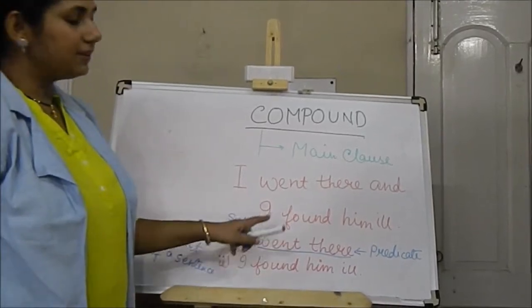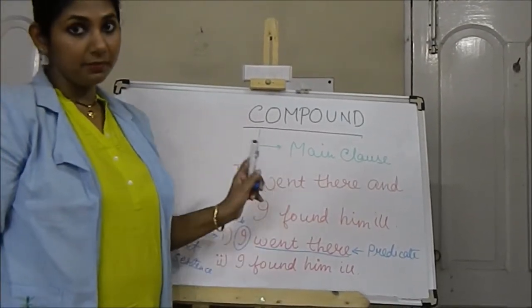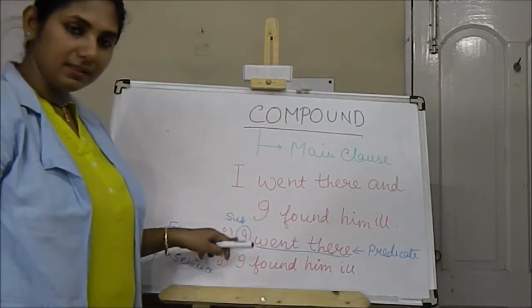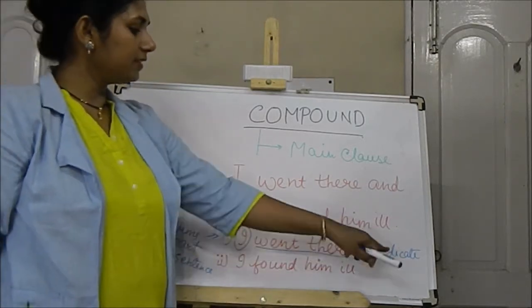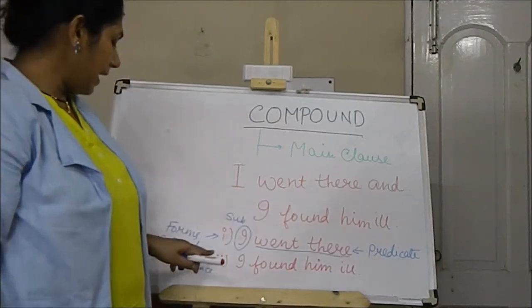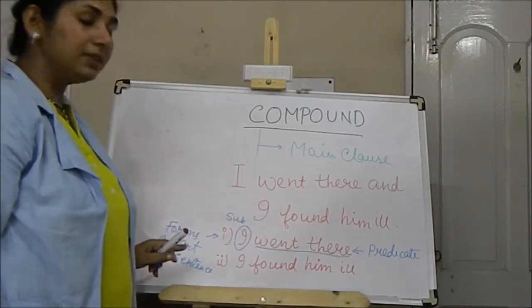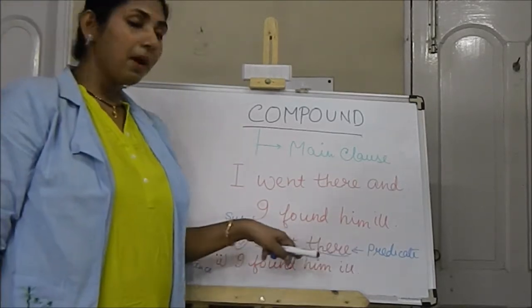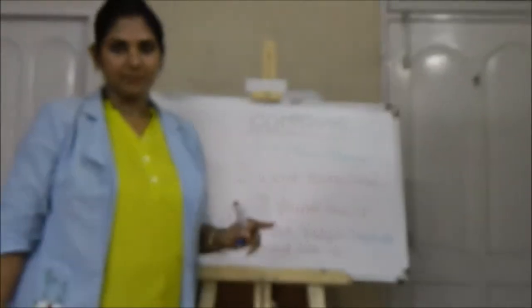So what are the characteristics I have got from this particular part? I is the subject, went there is the predicate, and it forms a part of a sentence. That's why we will call this part a clause.